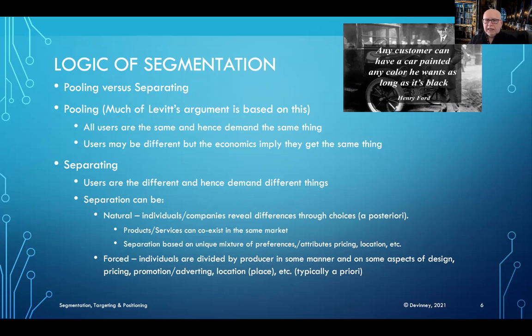Okay, and this can be done in a number of different ways. So if you thought about different distribution outlets, so that certain products are available only in one distribution outlet, and certain products are only available in another distribution outlet. Okay, and you structure it in a way that these two products don't compete against one another.